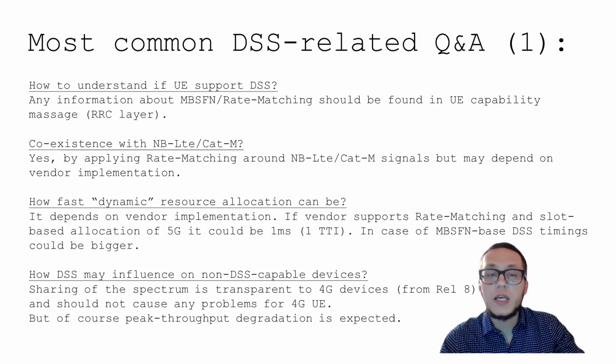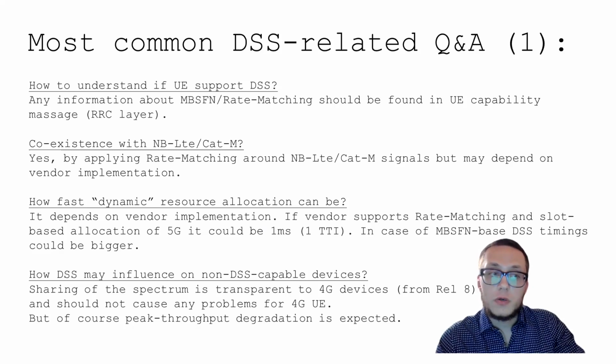How may DSS mode influence non-DSS capable users? Well, sharing of spectrum is absolutely transparent. Regular 4G users will just decode the SIB2 message and skip MBSFN subframes if there is a DSS mode cell.